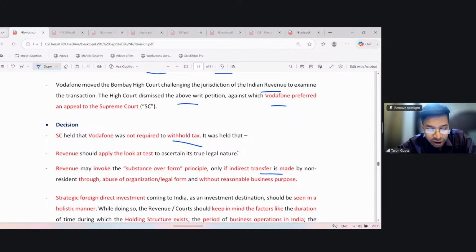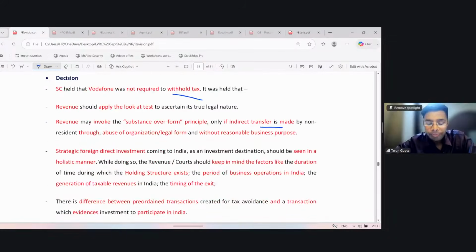Strategic foreign direct investment coming to India as an investment destination should be seen in a holistic manner. These are all the observations of the Supreme Court. While doing so, the revenue or the courts should keep in mind factors like the duration of time during which the holding structure exists, the period of business operations in India, the generation of taxable revenues in India, and the timing of the exit.